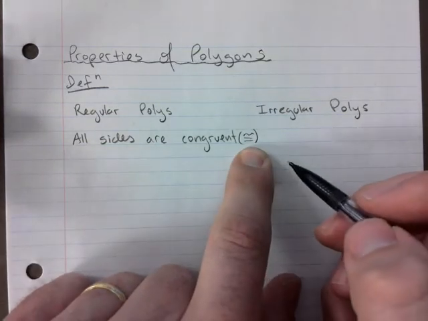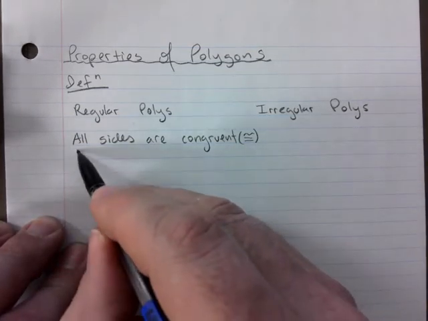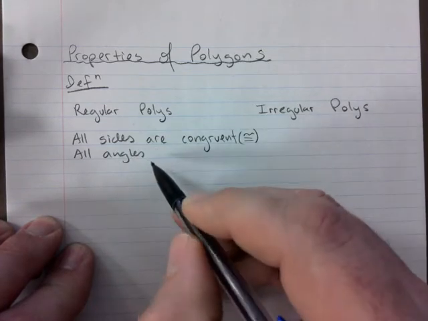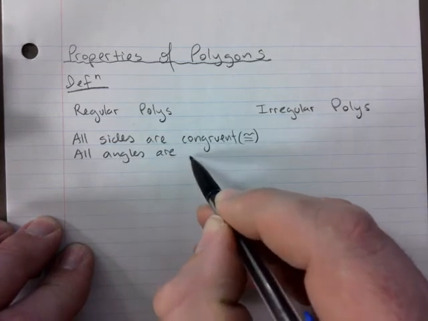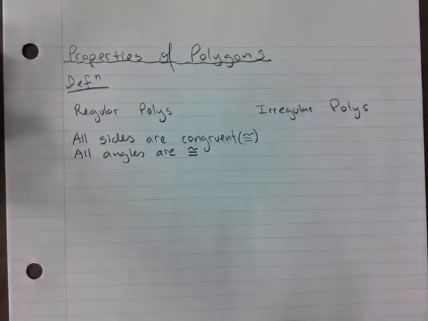That's the symbol for things being congruent. It's an equal sign with a squiggly line on top, and all angles are congruent as well. That's actually always interesting how that works.